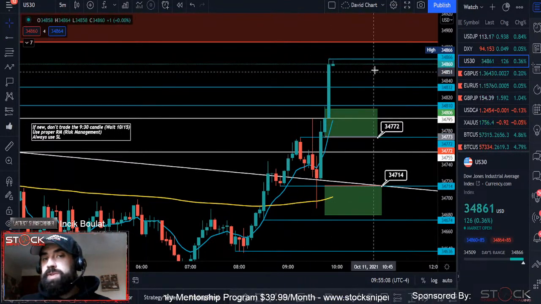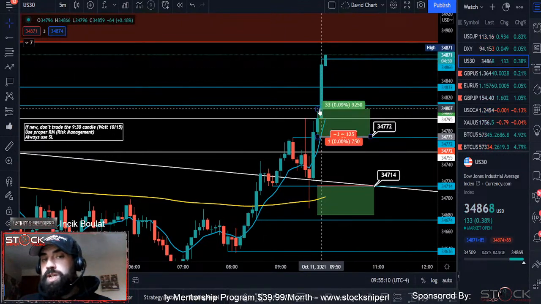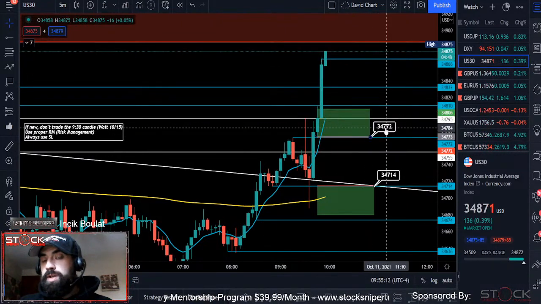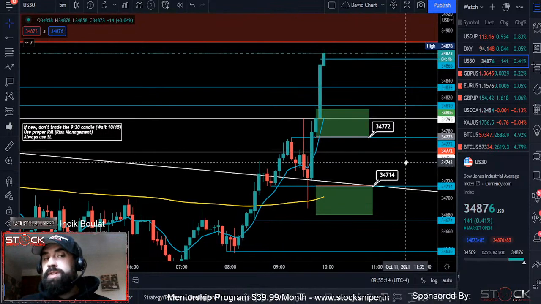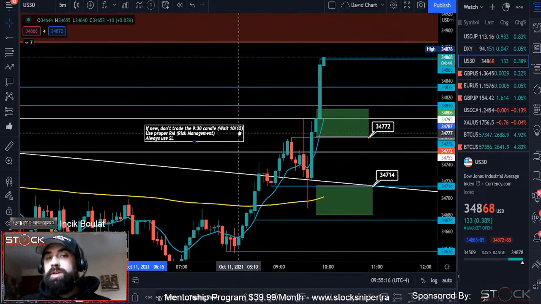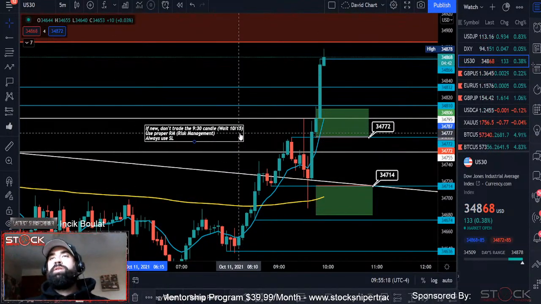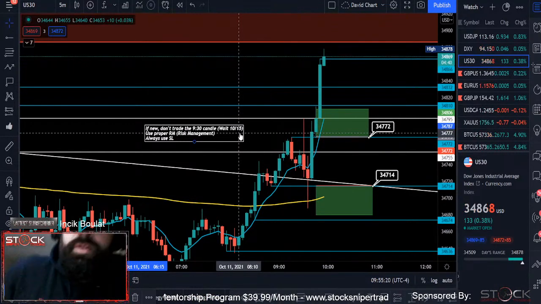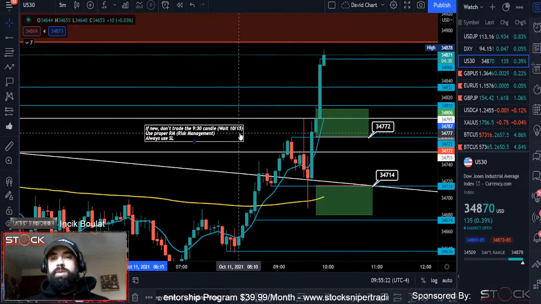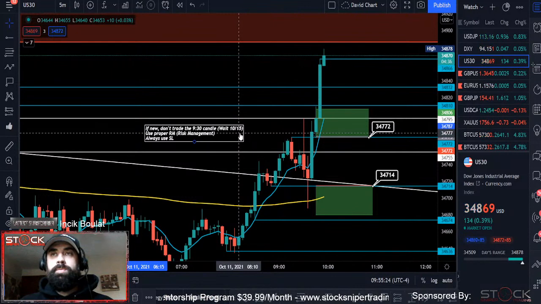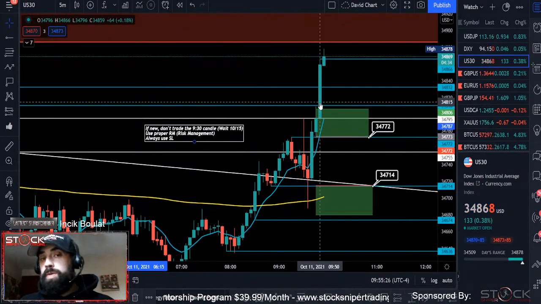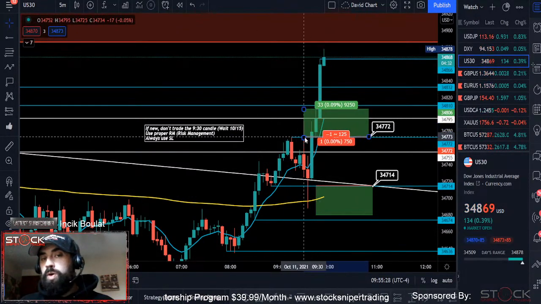That's the next resistance right there. Look at how it's pushing up, guys. Look at this trade. This is why you wait. Now keep this in mind, guys: when this goes up, it doesn't always run forever.